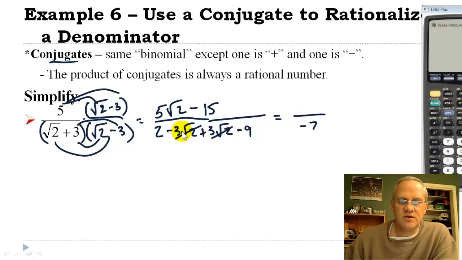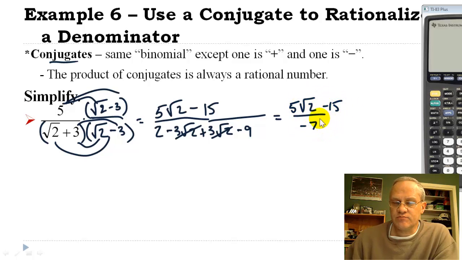We can just leave it like this. 5 square root of 2 minus 15. There are times where you could also do something with this negative down here. It would change both of these signs, or possibly have that in a different order, but that's okay.